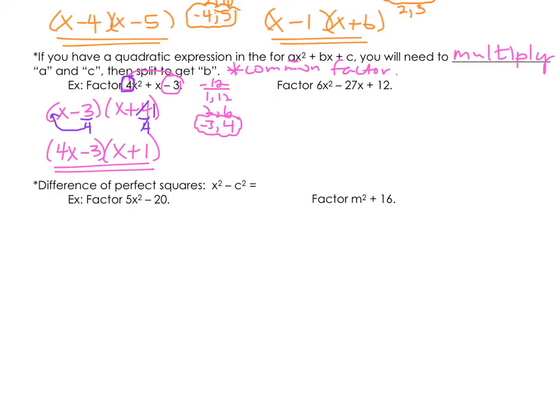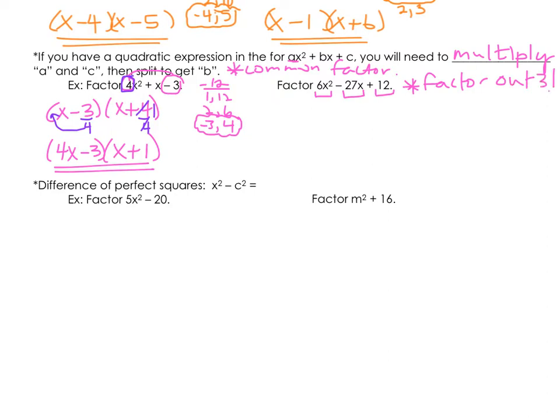Over on the right, factor 6x squared minus 27x plus 12. Here, if we look for a common factor, we've got 6x squared, 27x, and 12. Here we have a common factor. What number can come out of all three of those coefficients? 6, 27, and 12. We could factor out a 3.